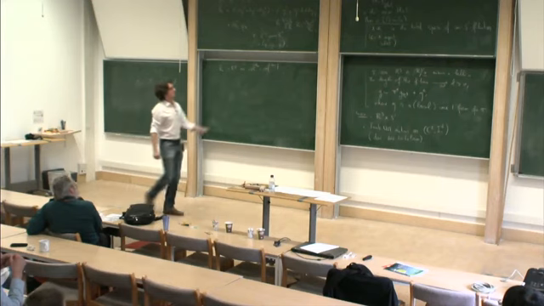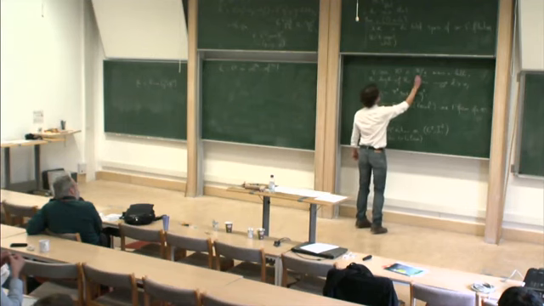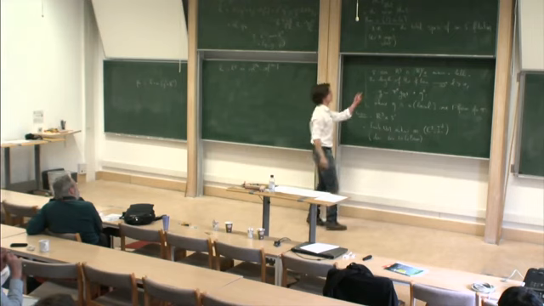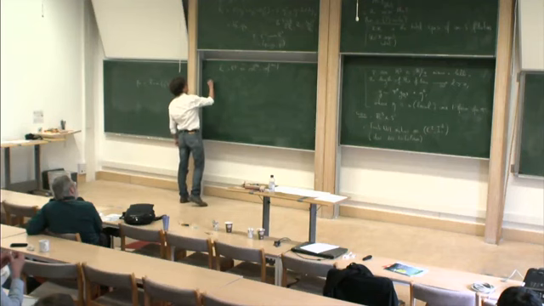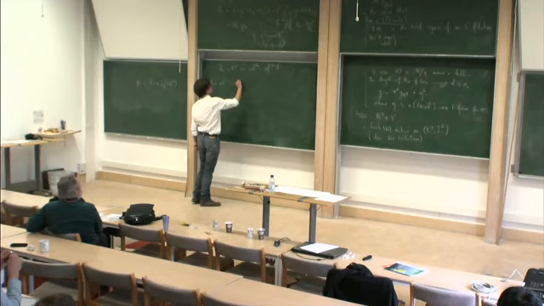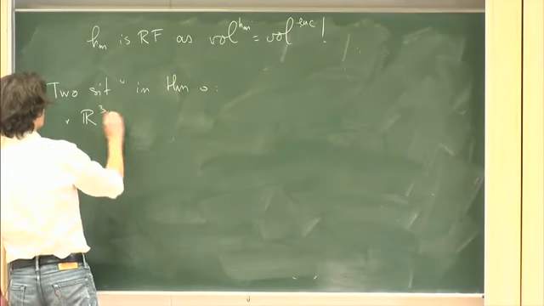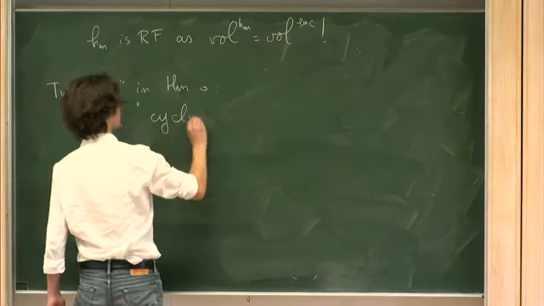So yeah, there are obviously two situations in theorem 0. Either your fibration over R3 or R3 quotient. And so the first situation, R3, is the so-called cyclic case.